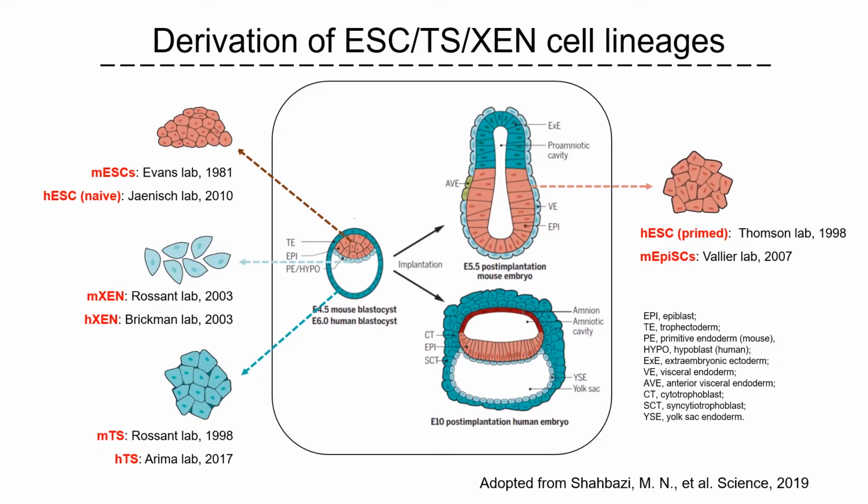Trophoblast stem cell lines, TSC, and extra-embryonic endoderm stem cell lines, XEN cells, have already been generated successfully by several groups and some other labs. Using these in vitro cultured cell lines, we have a great understanding of genetic and epigenetic regulation and also signaling pathways underlying mouse and human early embryonic development.